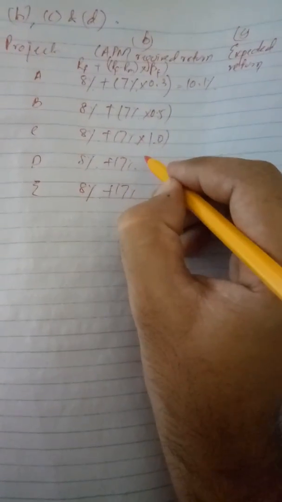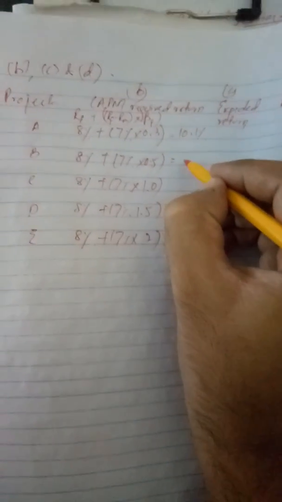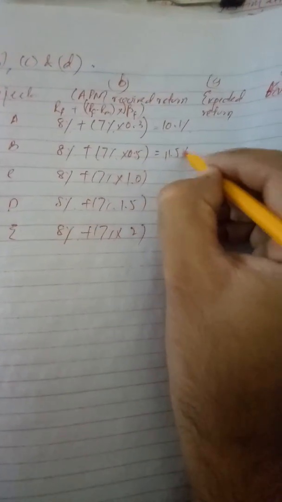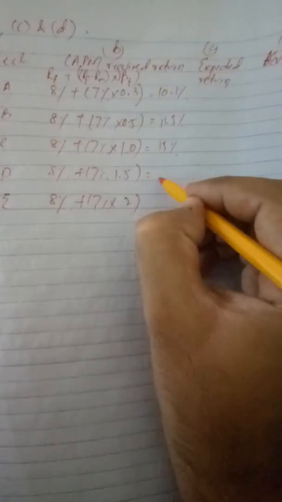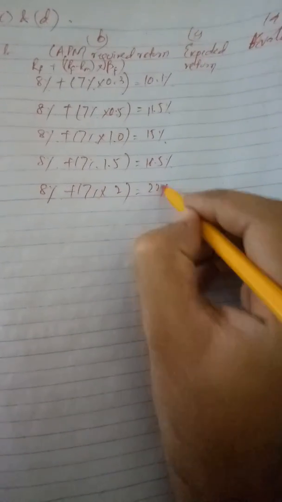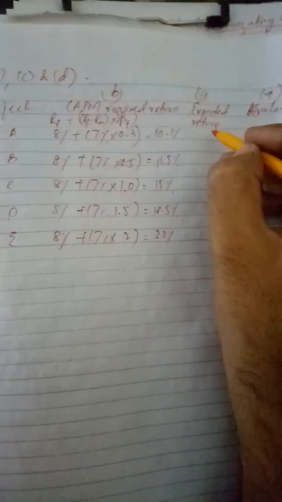So 7% into 1, 7% into 1.5, and then 2. Here it would be 11.5%, 15%, 18.5% and 22%.